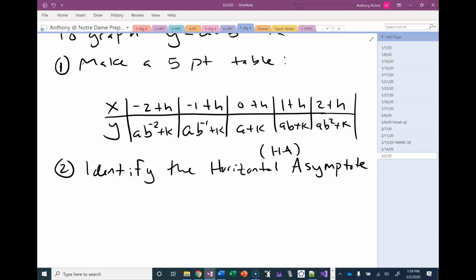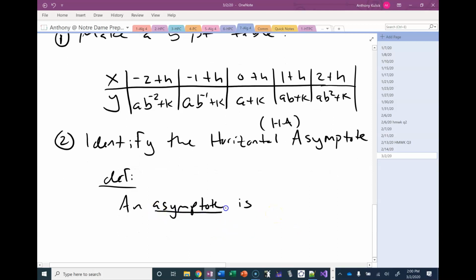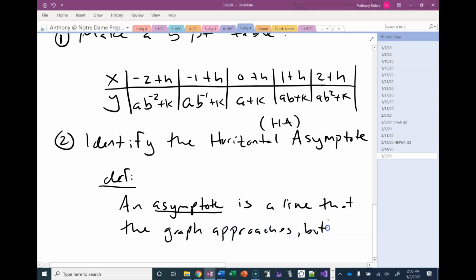So what is an asymptote? From a graphic perspective, an asymptote is a line that the graph approaches but does not cross.